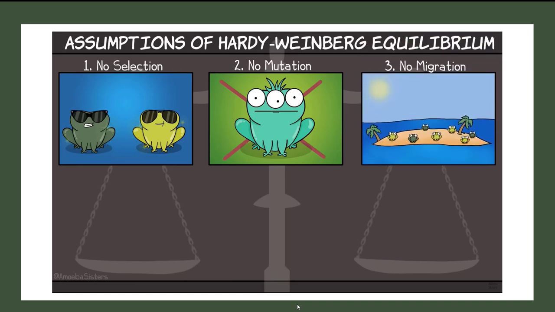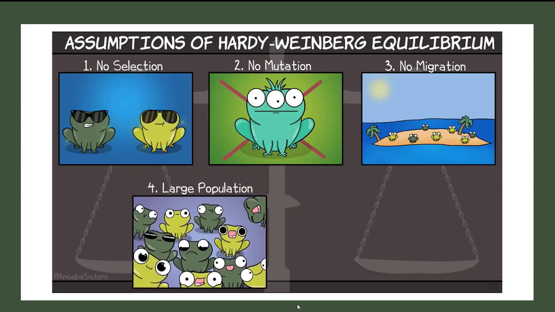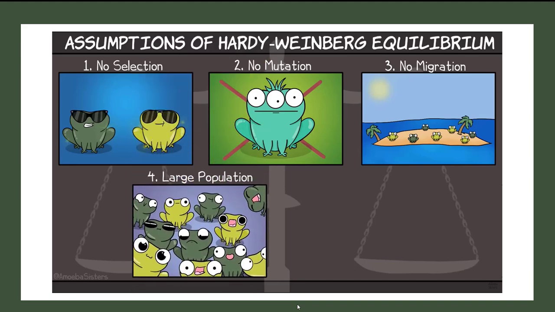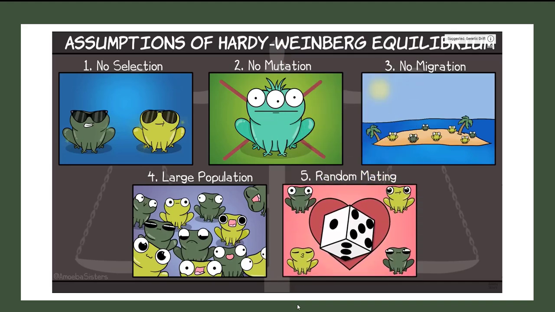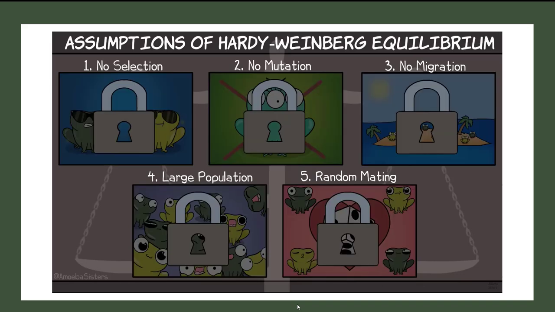Frogs can't come in, frogs can't go out. Number 4, large population. There are a lot of frogs. It turns out small populations are more vulnerable to genetic drift, by the way. See our genetic drift video. Number 5, random mating. The frogs mate without any specific choice. All of these 5 assumptions must be kept in order for Hardy-Weinberg equilibrium to happen.